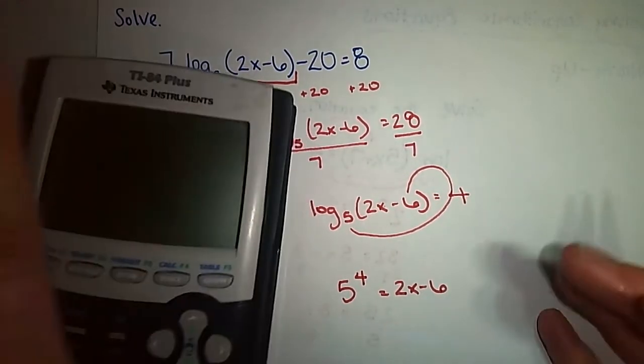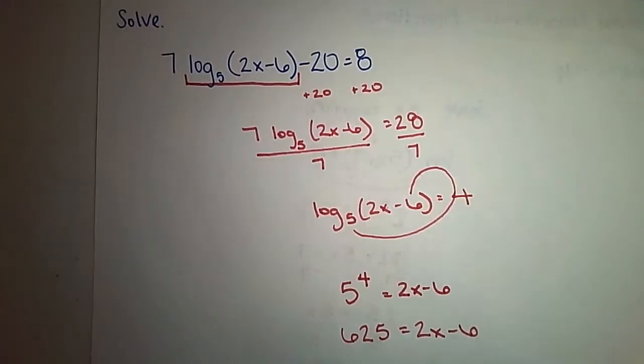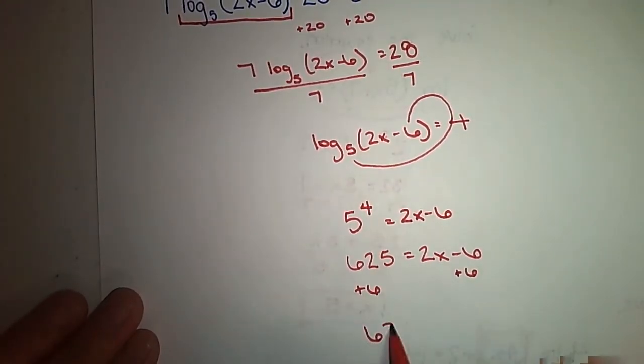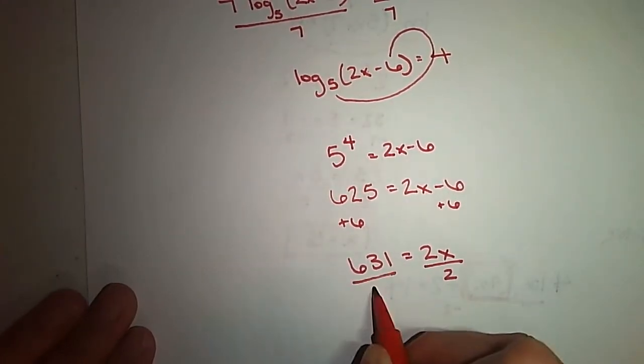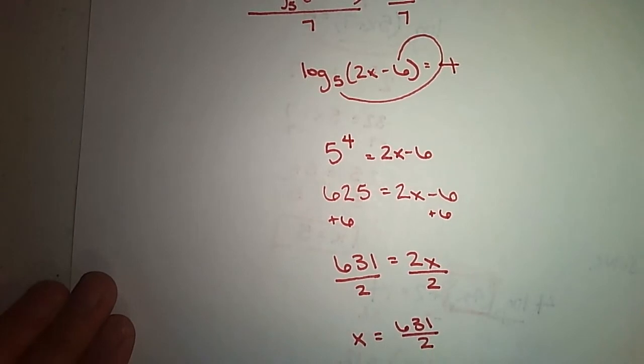I do not know what 5 to the power of 4 is off the top of my head. 625. Again, simple equation to solve. I'm going to add 6 to both sides, and then divide both sides by 2. And it looks like my answer is going to be 631 divided by 2.